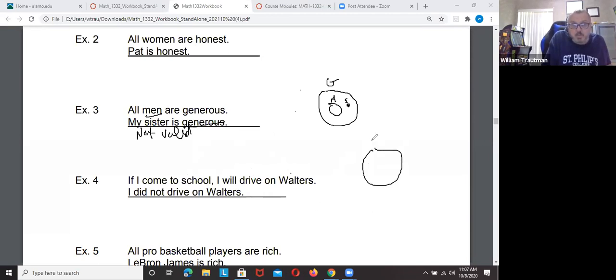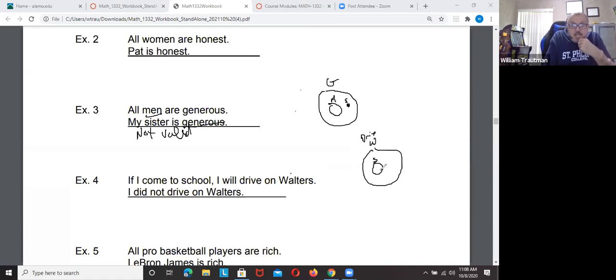This is one of those where it doesn't say all, so I don't know what to write because there's no other way of writing it. So this is Walters and this is school. If I drive on Walters, I'm going to put drive on Walters. I will be in school.